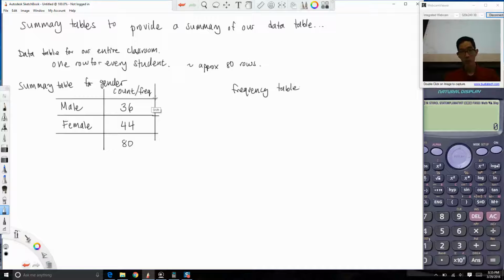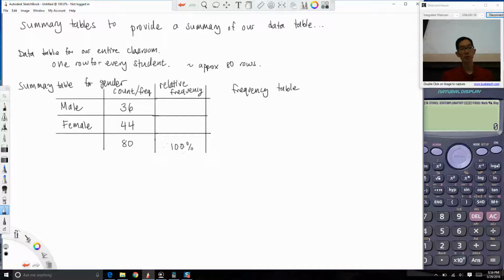Okay, we could add another column called relative frequency, which basically just turns our counts into proportions here. So how do I turn this into a proportion, or a percentage?